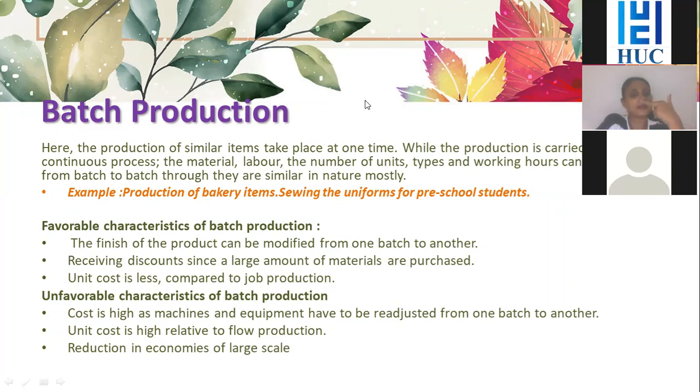Then unfavorable characteristics are when it compares with the flow production, right? Unit cost is high then. Here we are telling unit cost is less compared with the job production. But when it compared with the flow production, unit cost is high, right? And a lot of large economies of scale and all, right? I will explain what is flow production and what are these economies of scale, right?